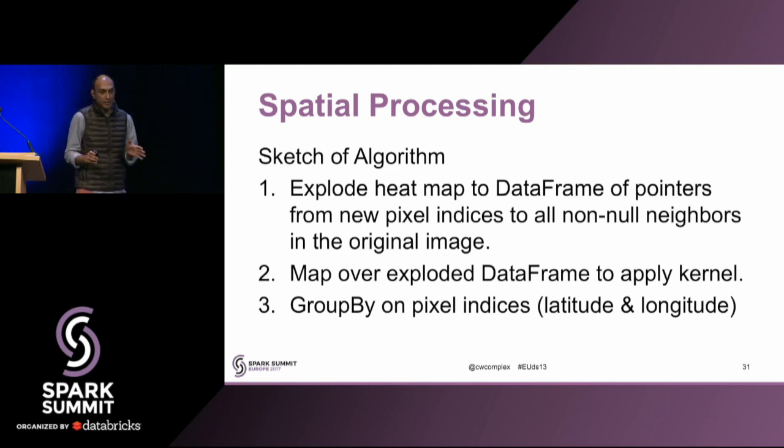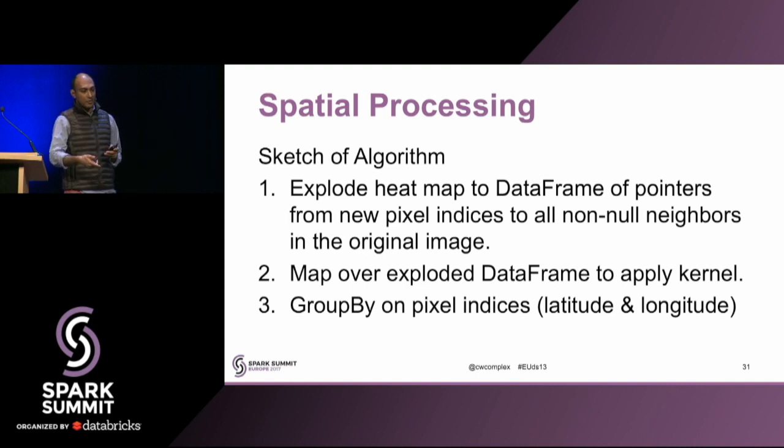And so that's it, right? We explode and identify all parts of the transformed image, the smooth image in this case, and identify the right data. We can put a kernel around every non-null pixel in the transformed image.